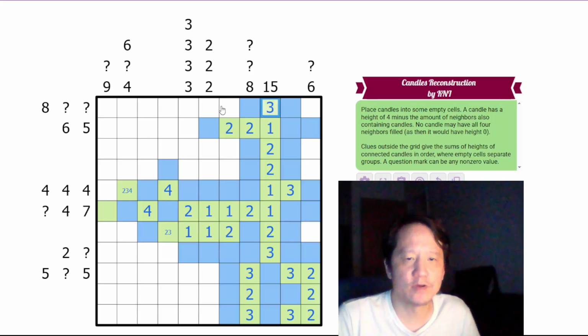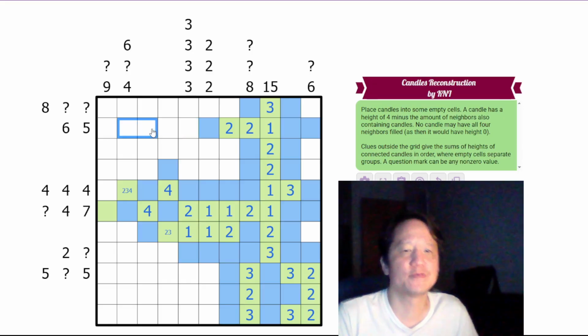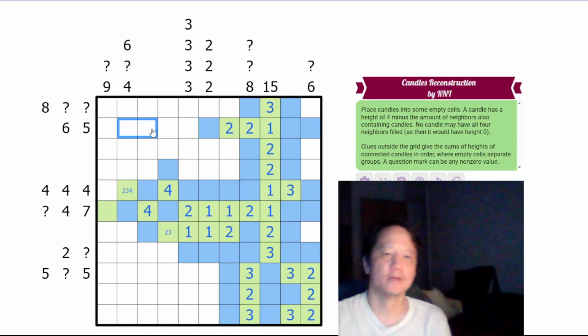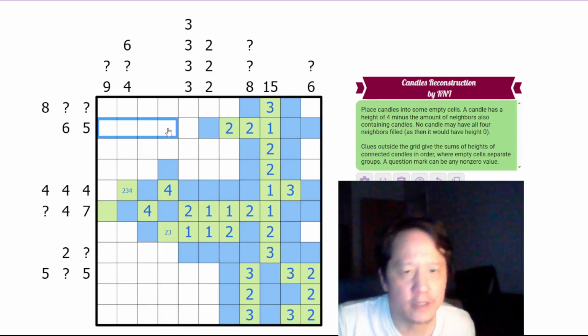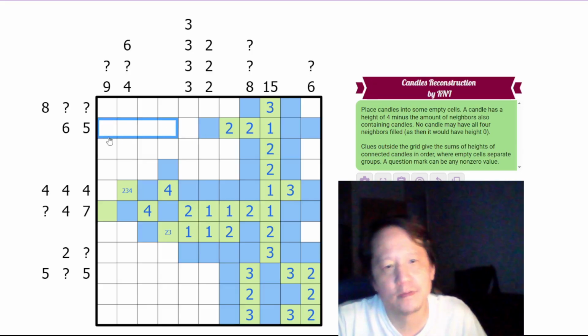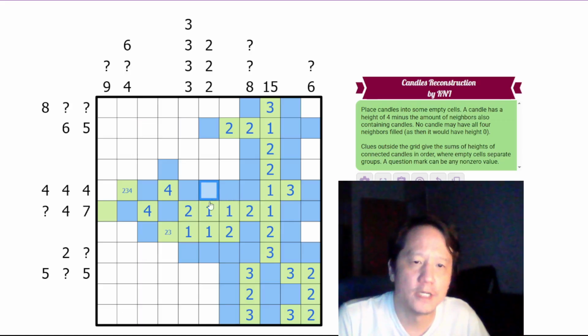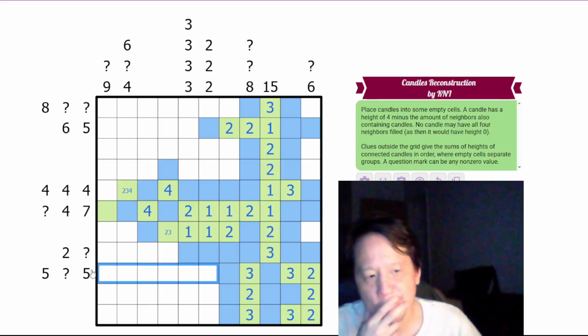This is one of the question marks. We have 6 here. You could have 3 and 3. So we don't have any guaranteed candle cells here. Don't know about this.